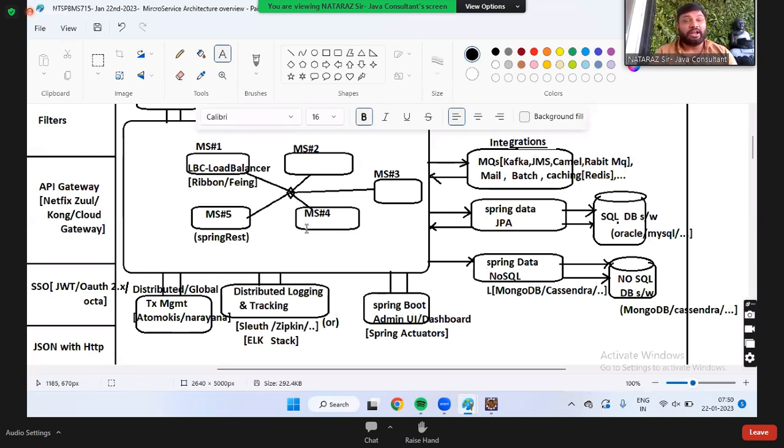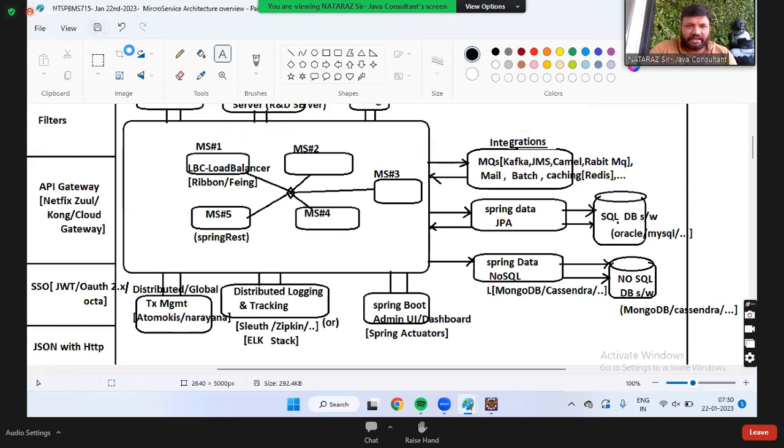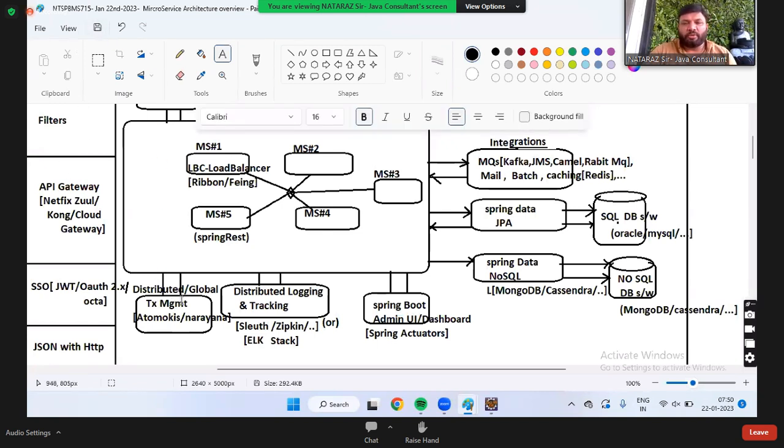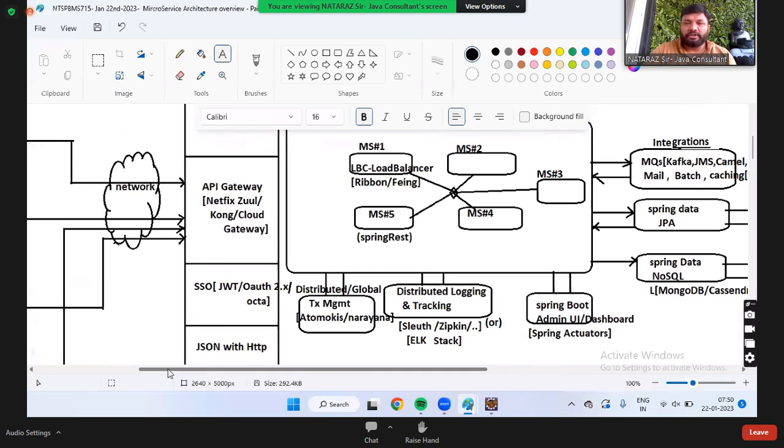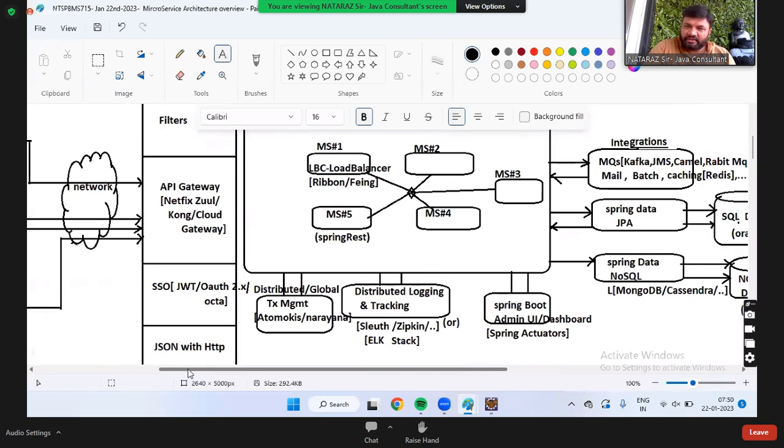But still we need to enable the do everything or nothing principle with respect to multiple microservices and multiple database software. What do you say, guys? Convinced or not? It definitely needs distributed or global transaction management. We have Atomikos and Narayana as the two APIs performing distributed transaction management.